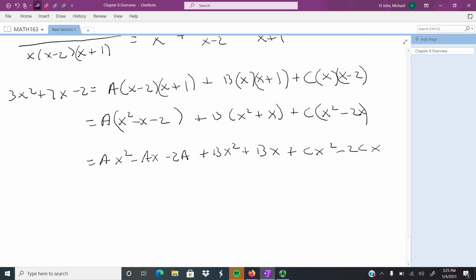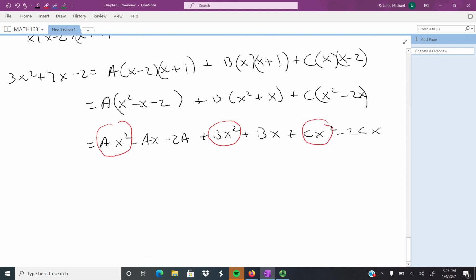All right. So now we want to first look at my x squared terms. So we have one here, one here, and one here. So what that tells me is that a plus b plus c has to equal 3, which is the number in front of my x squared term. Then we go to my x terms.